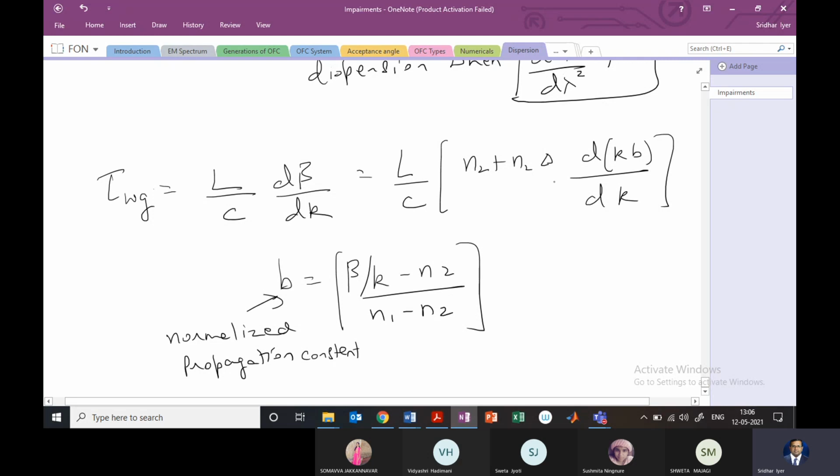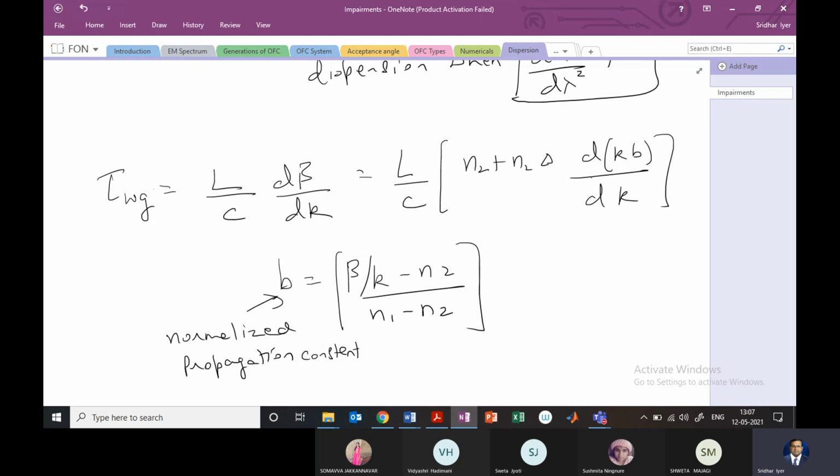And you can see that that derivative is k into b divided by dk there. So it's a little bit complicated to do this. It also takes us into what are known as Bessel's functions, which is not required for this type of syllabus. So all we need to know is what the waveguide dispersion is. If you can write these equations, that is also good.